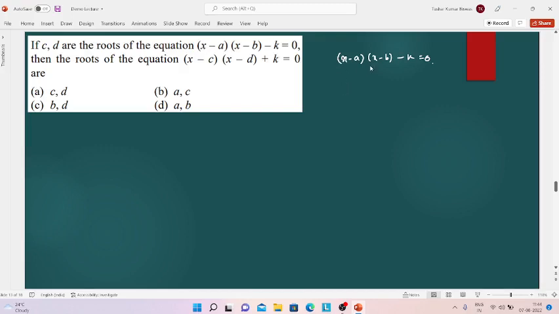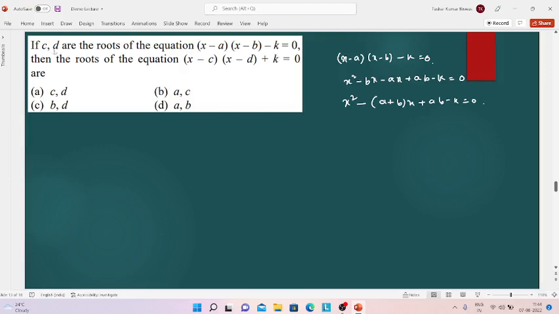So you can multiply this as x square minus bx minus ax plus ab minus k equals 0. So x square minus (a plus b)x plus ab minus k equals 0.